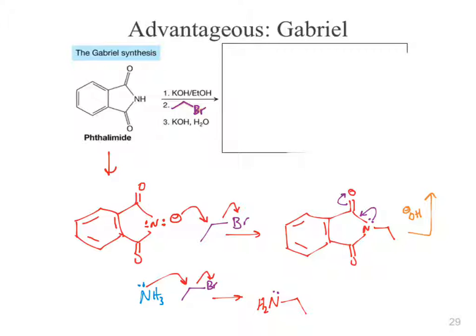Tetrahedral intermediate followed by breaking. The electrons come back down, kick out the nitrogen. Then what happens?